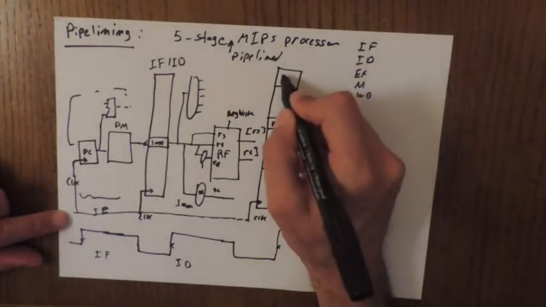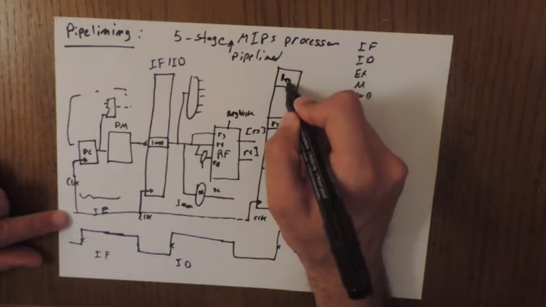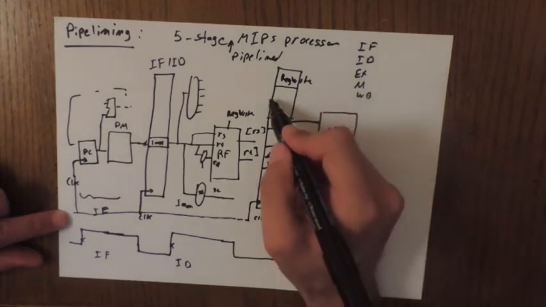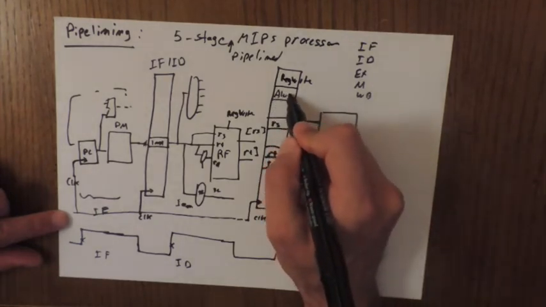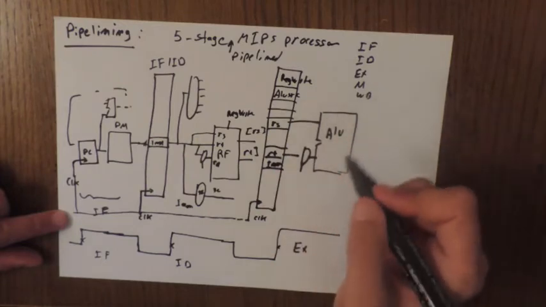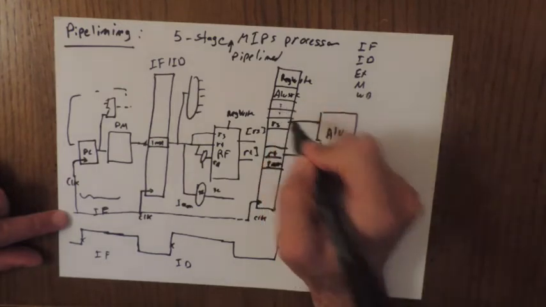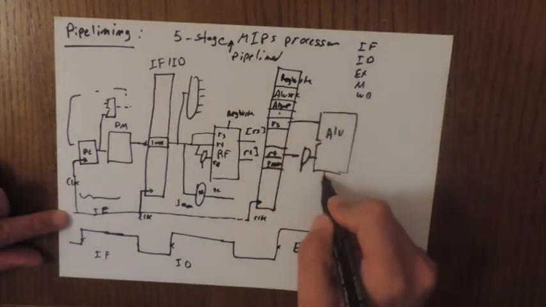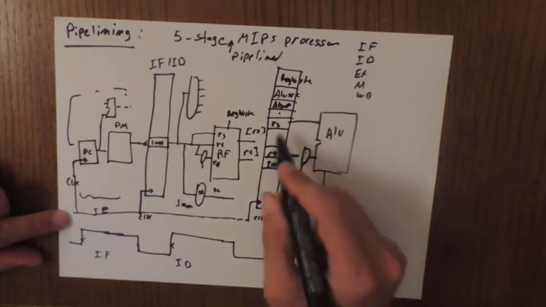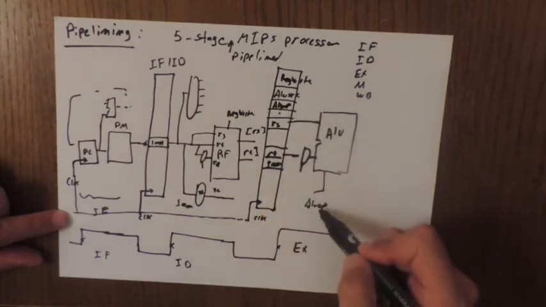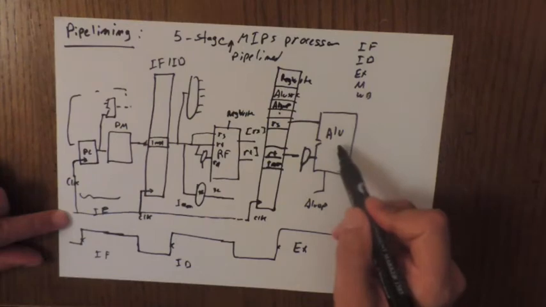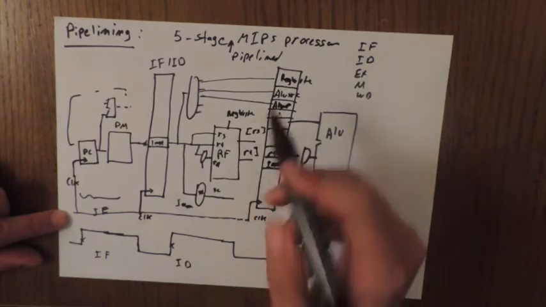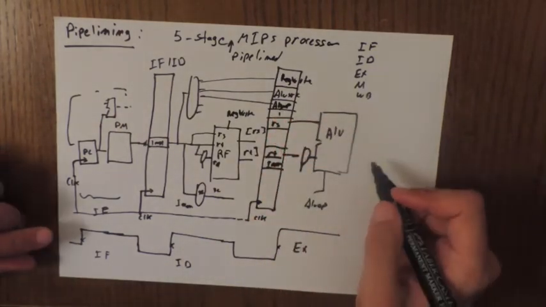These control lines will be register write, because we need to know later on if we're gonna write to the register, ALU source in this case, and many others. So of course ALU op, to know what is the operation we need to do in the ALU. All of these control lines are fed from here, and many others that we're gonna use later on.